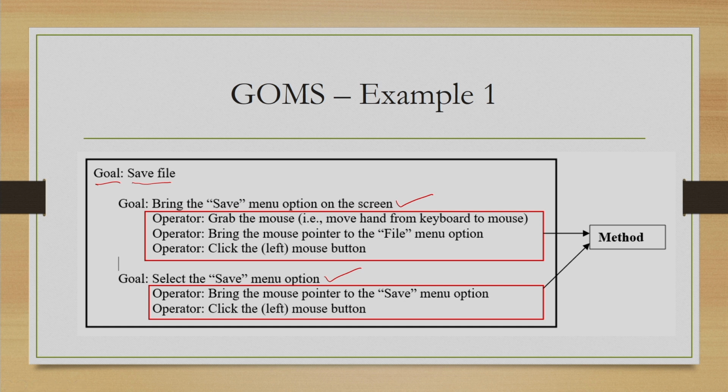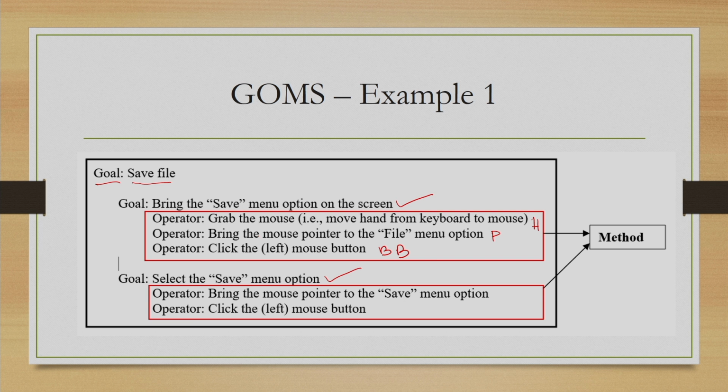Now, as you can see, these we can model as keystroke level operators. So, grab the mouse essentially can be equated to the H operator that we have learned in our earlier lecture. Then pointing can be modeled with P, and click the left mouse button can be modeled with BB, or a sequence of 2 B operators.